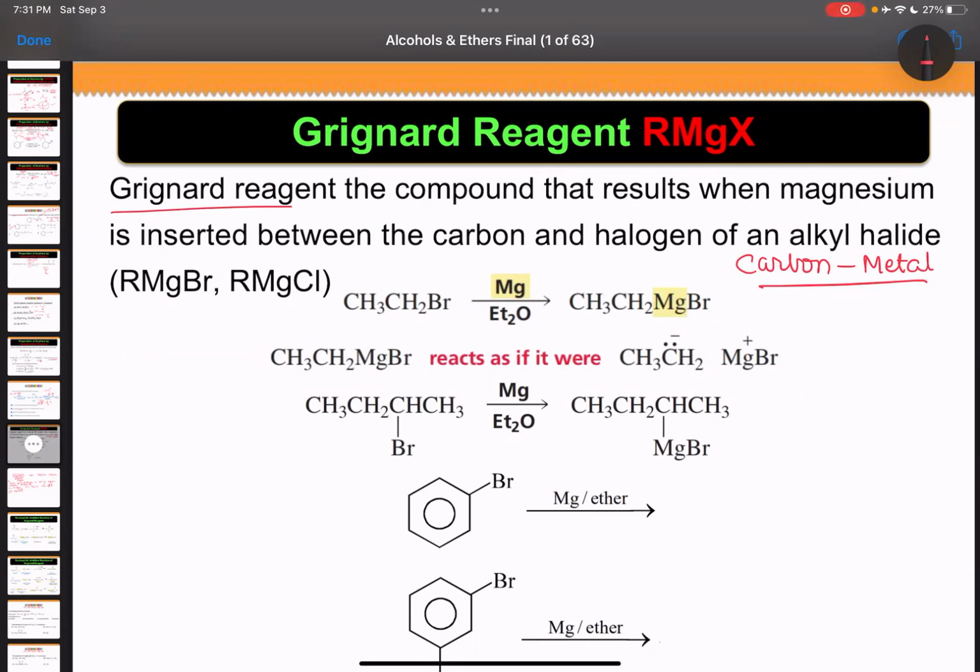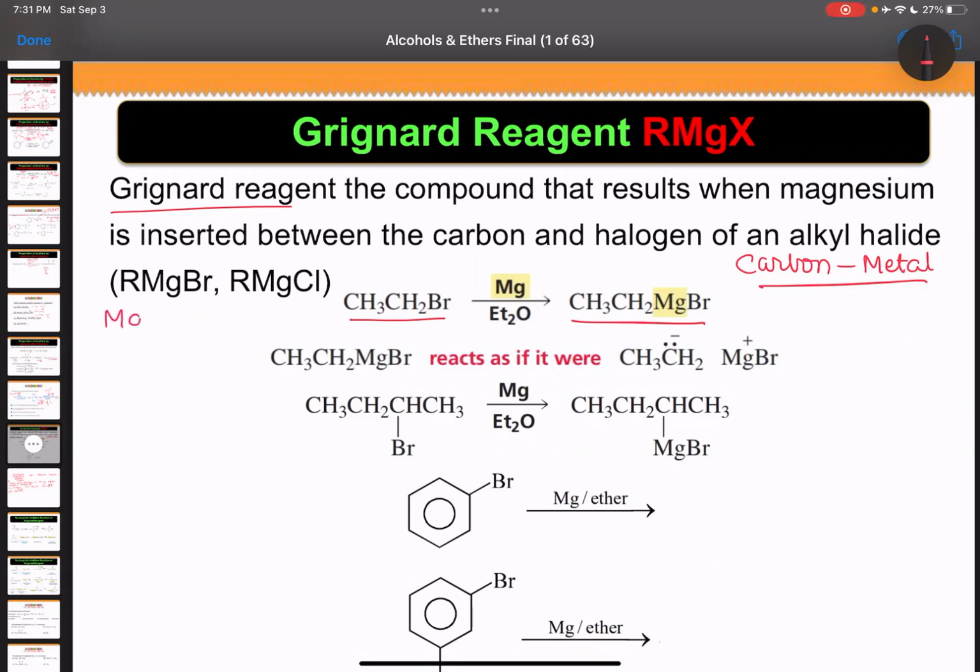What you do is take an alkyl halide, and pieces of magnesium are available in the lab. You put in the ether, heat and mix the magnesium, and add the alkyl halide. That's how we get the organometallic compound. What is actually happening?